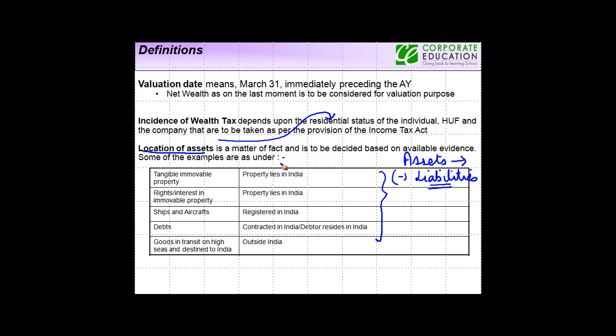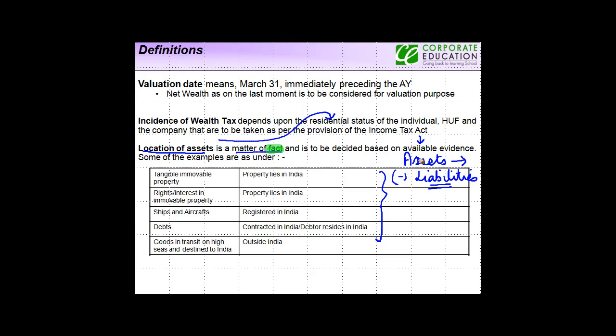Now, location of asset is a matter of fact. If an asset is in India, it is in India. You can't say that it is lying outside. It's a fact whether the asset is lying in India or not, and is to be decided based on the available evidence. So whatever evidence is available, you consider that evidence to see whether an asset lies in India or does not lie in India.